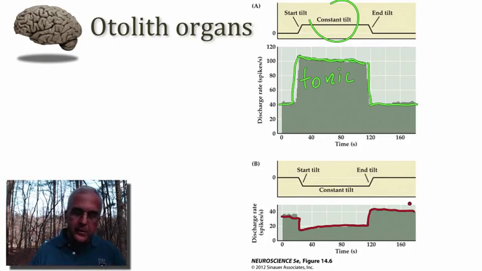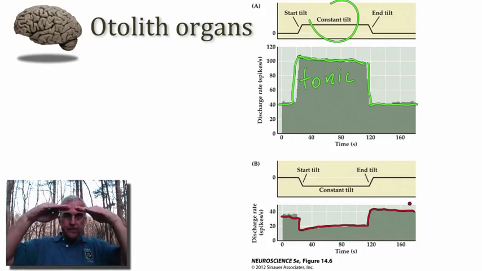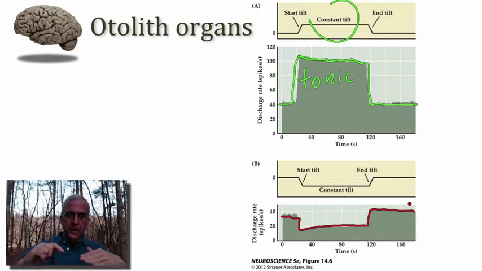So it makes some sense then that there ought to be a fairly high level of spontaneous activity in this system, because otherwise it wouldn't be possible to decrease the firing rate if the firing rate were already nil. So having some significant measure of spontaneous activity allows this system to either be increased or decreased, depending upon the deflection of those stereocilia.